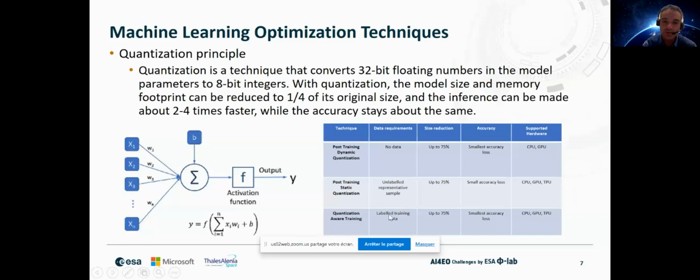And when you want to involve the quantization deeply into the learning process, you will need labeled training data. So this is clearly a constraint when you want to retrain your model. And in most cases, you can get significant reduction in size. And depending on which method you use, you can either target or not TPUs in particular, which can be useful in some applications.